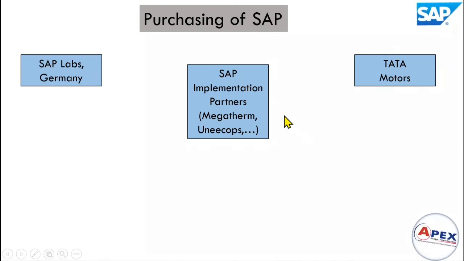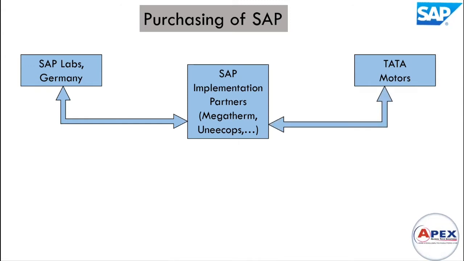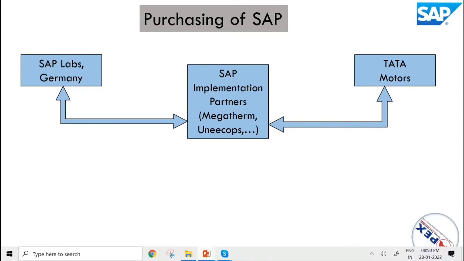So SAP Labs will give authority to SAP implementation partners to sell SAP software. They will make an agreement saying that they have the authority to sell such and such product from SAP. So Tata Motors will directly contact the SAP implementation partner and buy the SAP software. So why are they following this hierarchy?